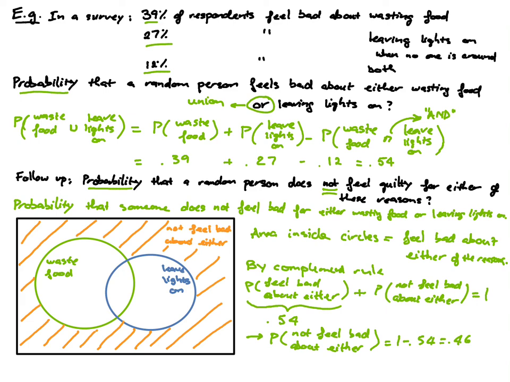So in this video we looked at a problem where we apply the addition rule to find the probability of the union, and then in the follow-up question we added an extra layer where we use the complement rule to find the probability that somebody does not feel bad for either of the reasons.